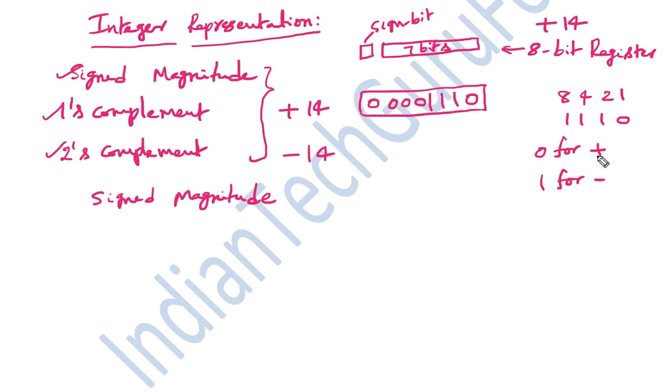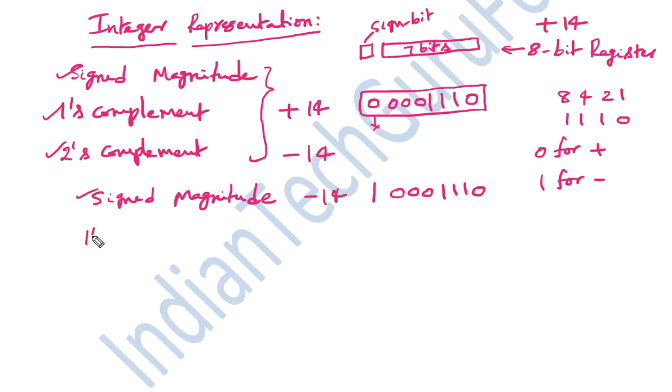Plus is represented with 0, minus is represented with 1. So in place of the sign bit, we place 1. The magnitude is the same, 0, 0, 0, 1, 1, 1, 0. Like this, minus 14 is represented in signed magnitude representation.